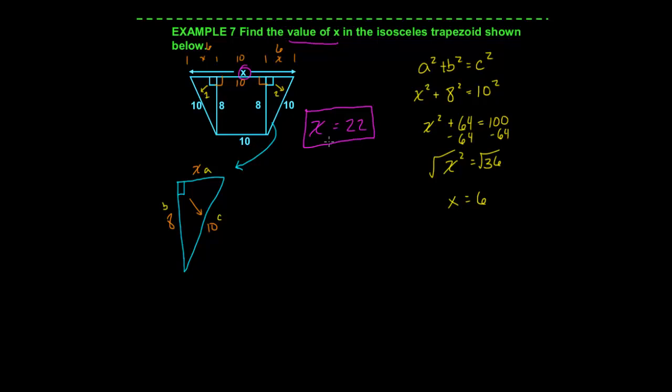Now, here's another bit of foreshadowing. We could have figured out this value very quickly without having to do any of these steps.